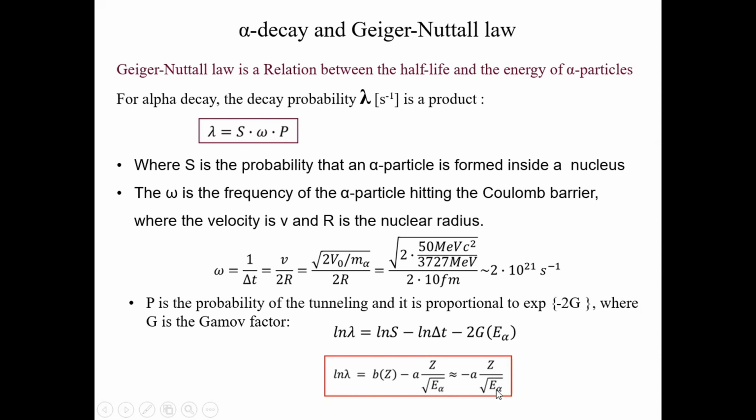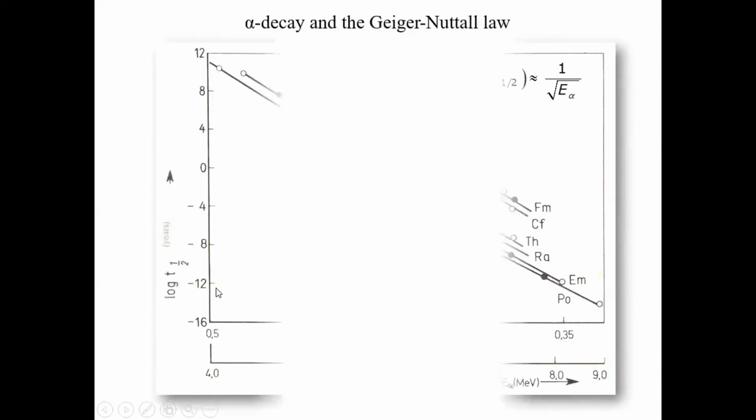So if we plot the square root of the energy of the alpha particle against the decay constant, we will see a relationship, and we will have a negative slope. Let's see the experimental results.